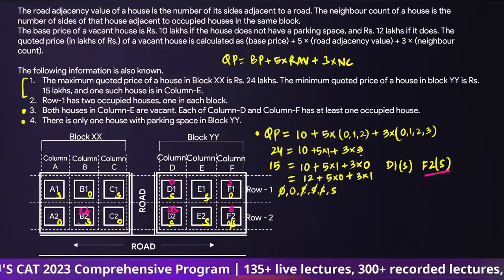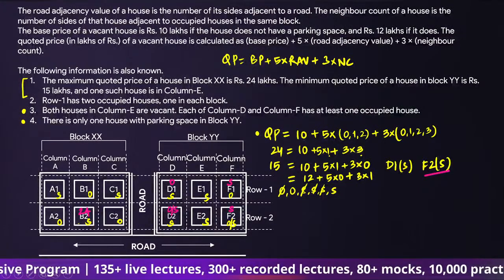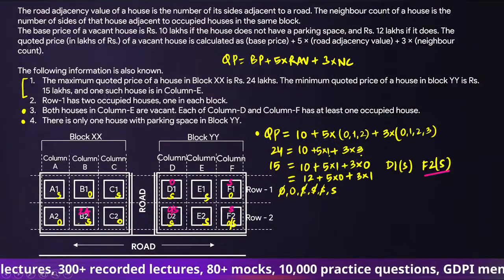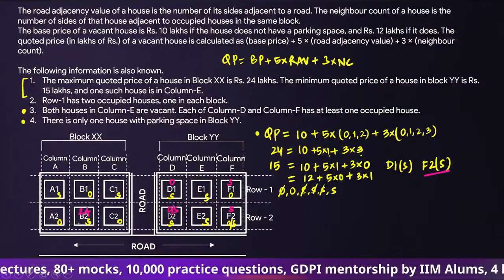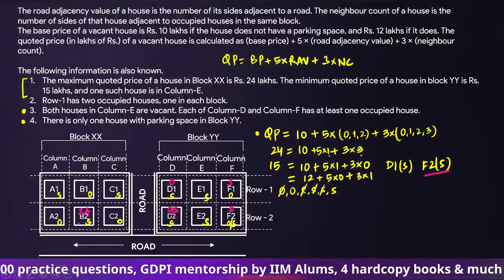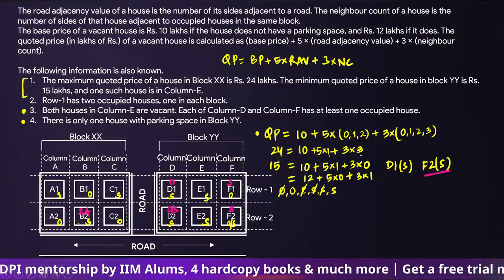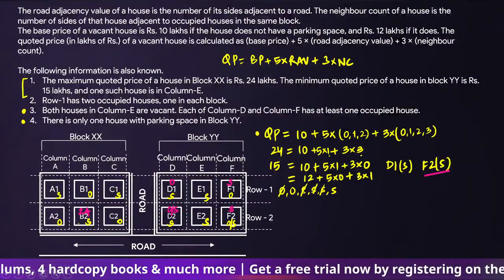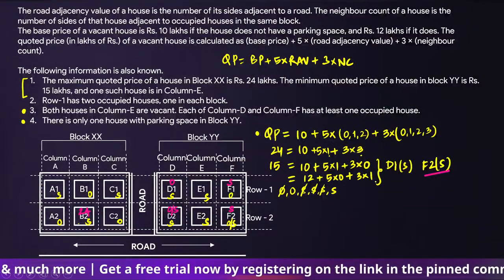And there is one neighbor. So again, same logic. We can say that if it is F1, तो उसका neighbor जो है वो हमारा F2 हो सकता है. And if it is E1, then its neighbor may be D1 or F1. So the cases will not change. It will remain as such. So 15 lakhs, we have two possibilities.